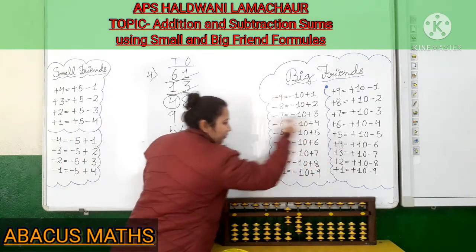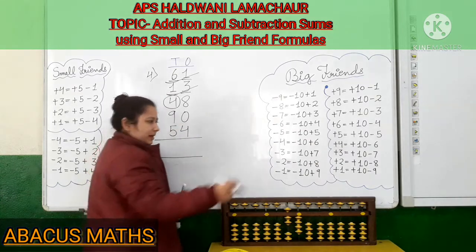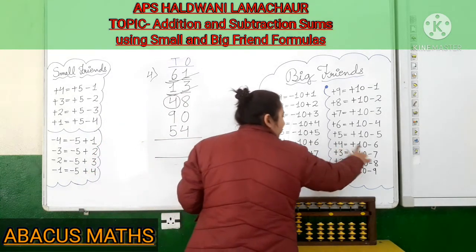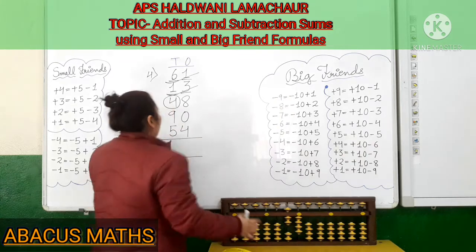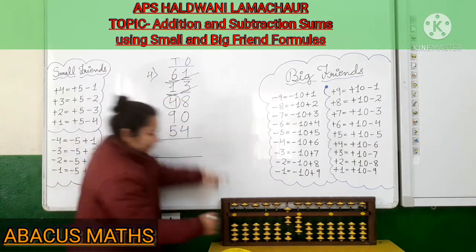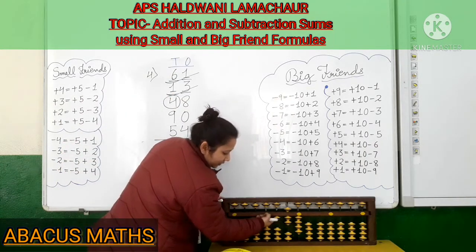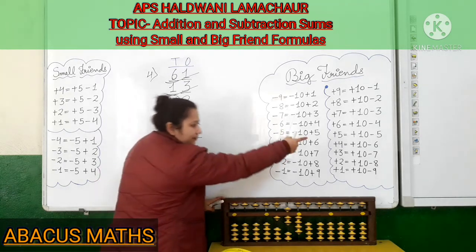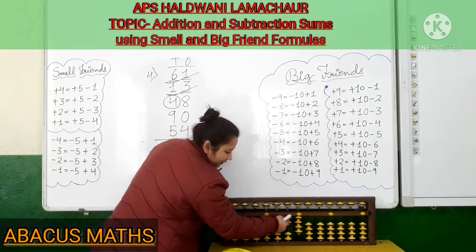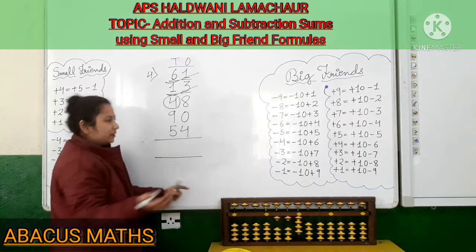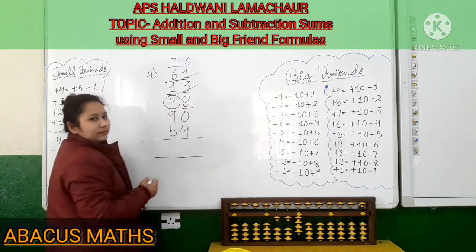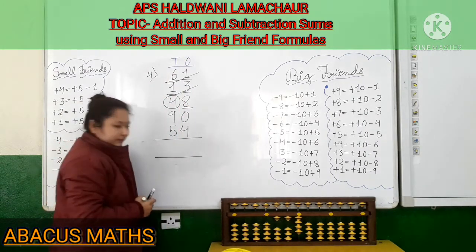Now what is the big friend for adding 4? Plus 10 minus 6. See, for adding 4, plus 10 minus 6. Now 4 you have to add in tens dot. So plus 10 you will do in hundreds dot, and minus 6, 5, 6 from the same dot. Now add 8 in ones dot.